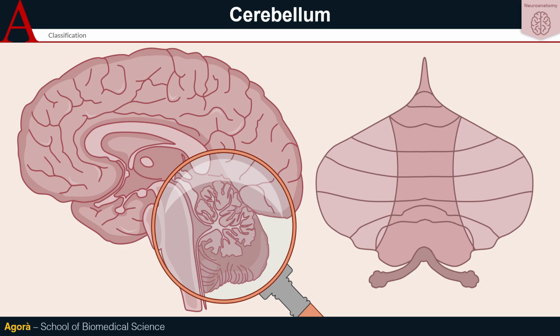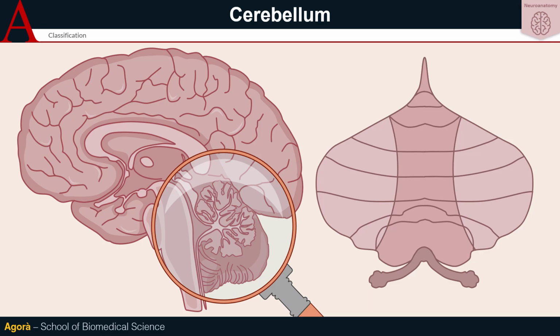The paleocerebellum developed with the Homo erectus, the first species to be able to stand, and corresponds to the anterior lobe. The neocerebellum developed together with the telencephalon and corresponds to the posterior lobe.